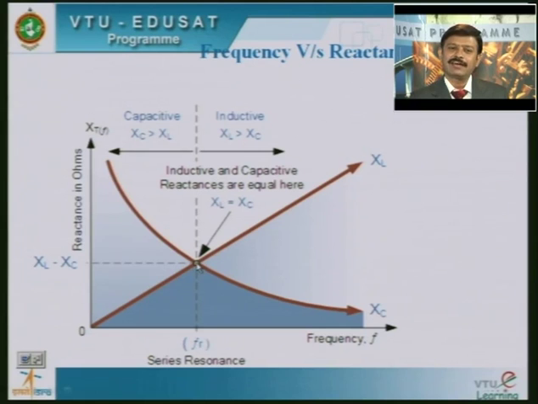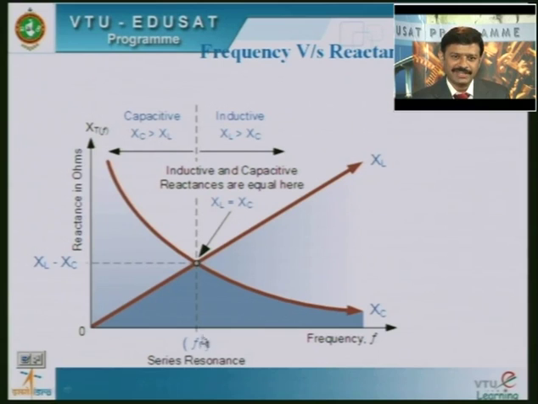We are achieving the resonating frequency at this point, at which Xl is equal to Xc. That means the intersection of the two reactances Xl and Xc is called the intersection point.